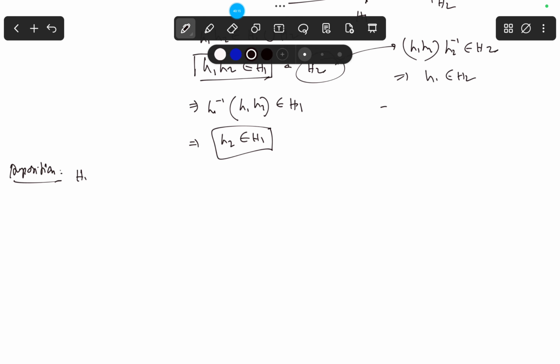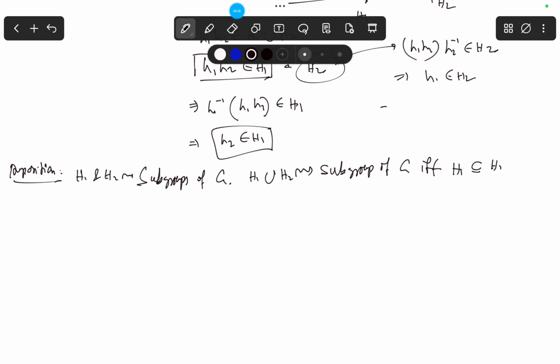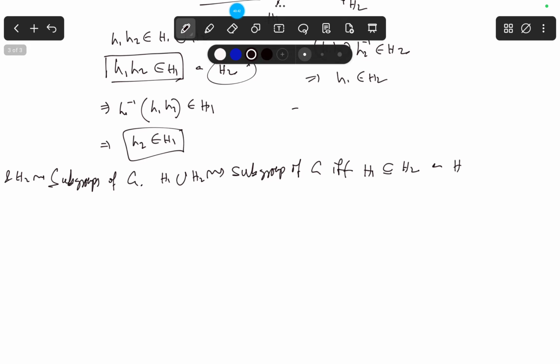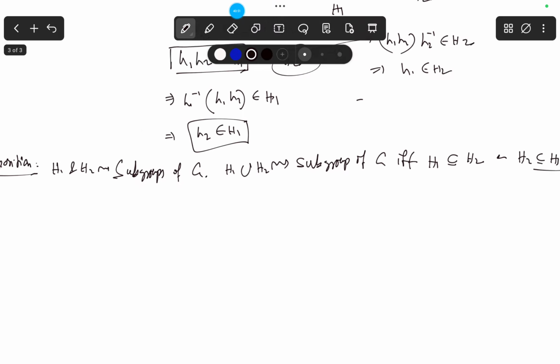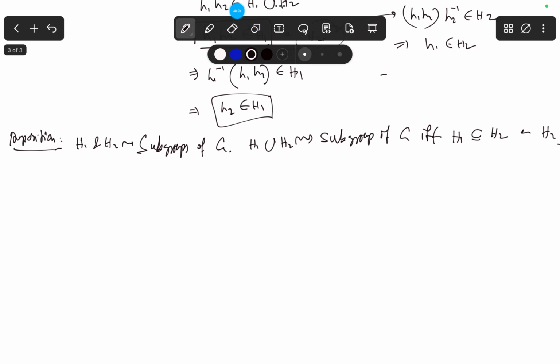It is basically that if H1 and H2, these two are subgroups of G, then H1 union H2 is a subgroup of G if and only if H1 is in H2 or H2 is in H1. So if any one of them is embedded inside the other, then the union will be a subgroup.